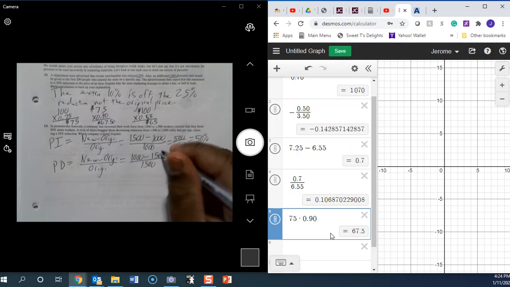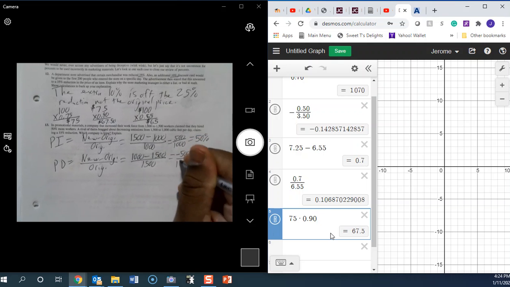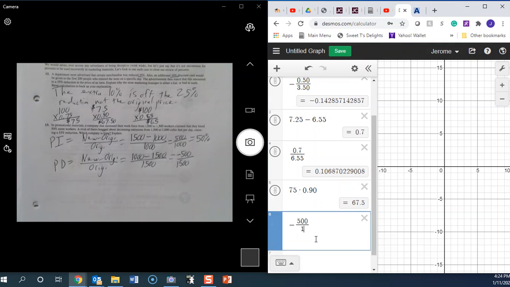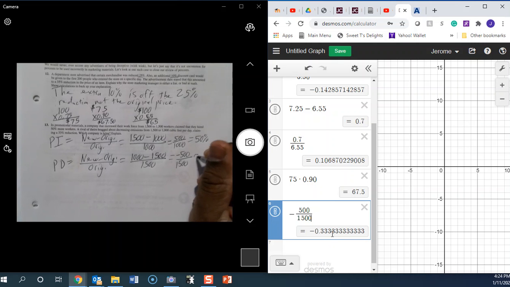So this would give us a negative 500 over 1,500. Now we could put that over here, negative 500 divided by 1,500. Now we could change that to a fraction. Well, we see that this is about a negative 33% here if we round it to 2 decimal places. So it'd be approximately a negative 33%.